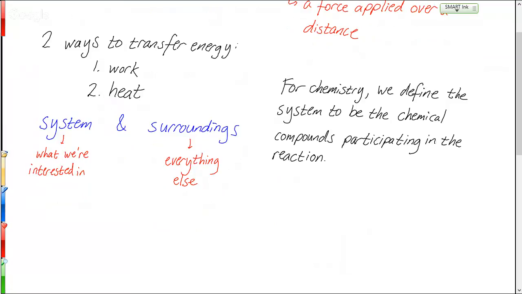When you do a chemical reaction, it's usually not the pure chemicals just mixing together. They're usually in a solution, right? Like you dissolve them in some water and mix them together. So the solvent and the glassware are all part of the surroundings. It's only the actual chemicals themselves that we define as the system.